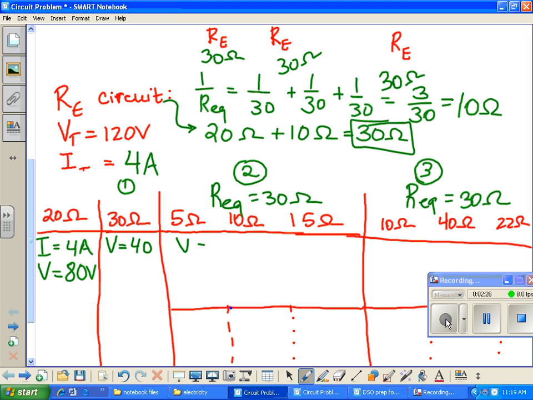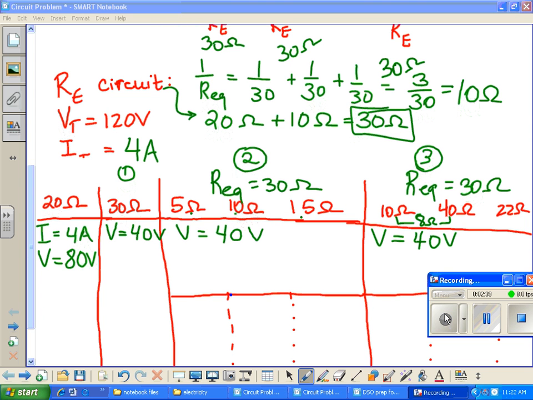And I'm putting this in the big line box here, not the individual, because I'll spend a different amount at each of those resistors. But my voltage across each of these lines is 40 volts. So we can do Ohm's law on this first branch. V equals I times R. I have 30 ohms of resistance, 40 volts are spent across this.